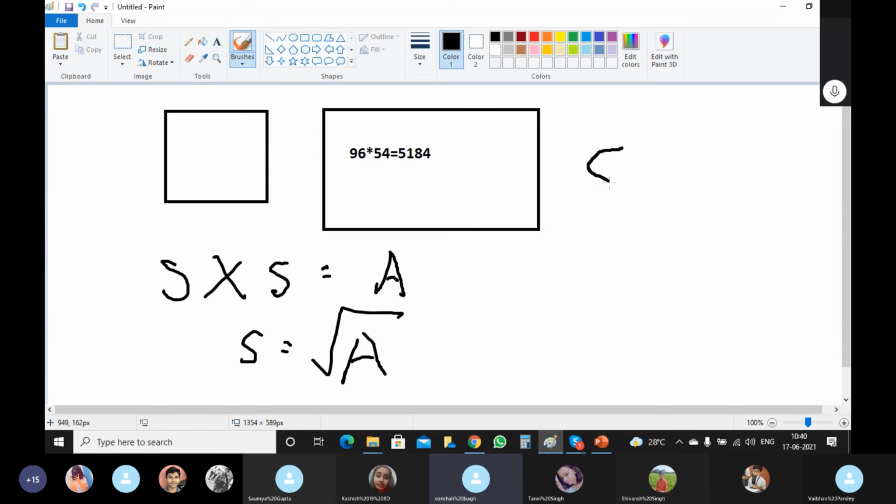And we have just calculated that the area of the rectangle is 5184, which is equal to the area of the square. So can't we calculate the square root and get the side of the square? Ma'am, we can get. Understood the concept behind the question?